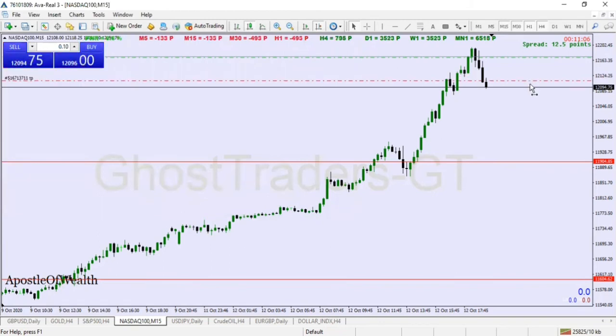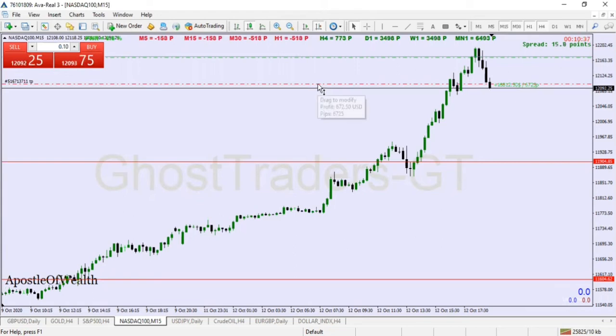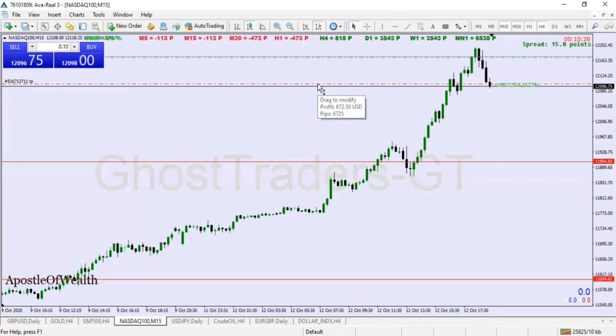So this simply means if you entered with lot size 0.1, how much are you making? Let me wait for this to appear. That simply means you made 672 US dollars. Not even 30 minutes, not even 50 minutes.